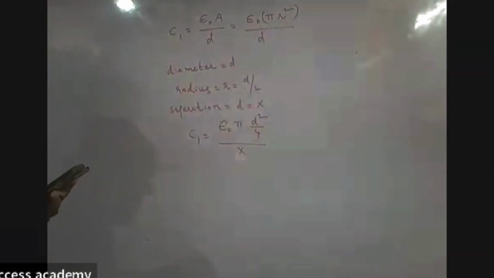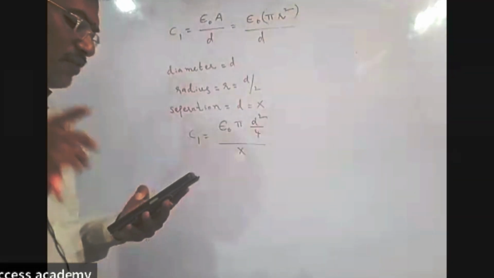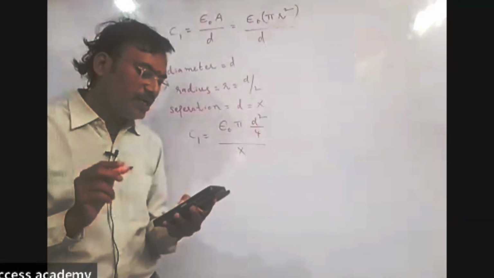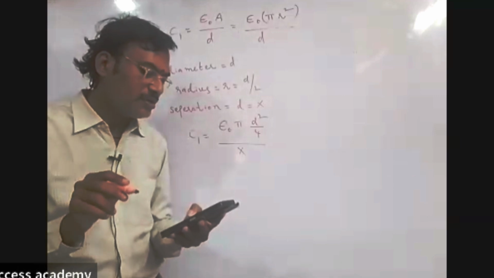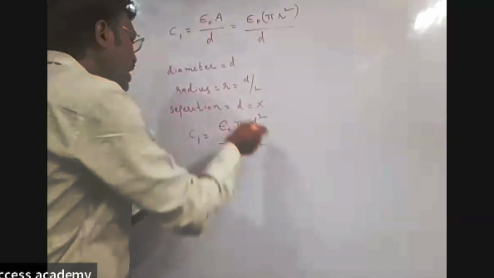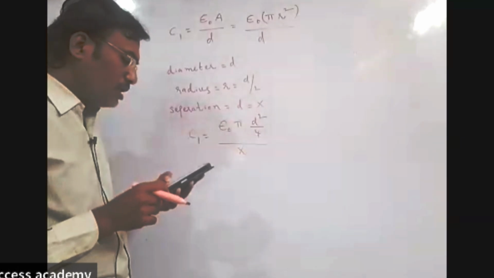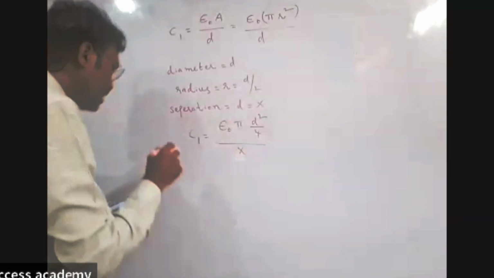Then the remaining part of the problem: the capacitance of an air core parallel plate capacitor of circular plates of diameter d separated by x is the same as the capacitance of a spherical condenser.